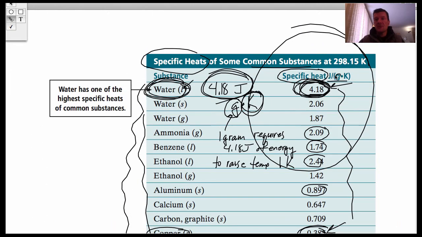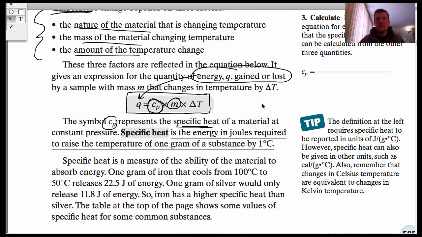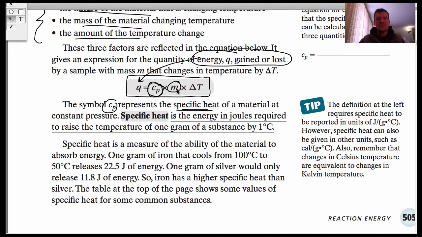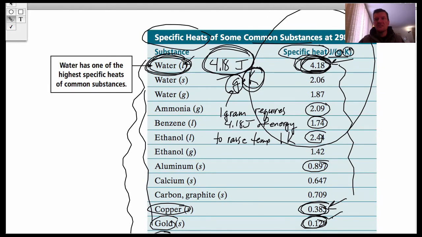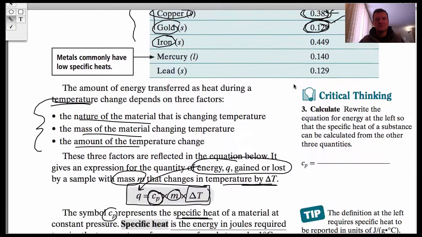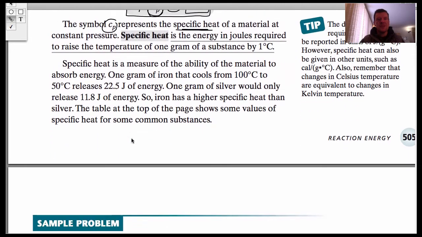It was per gram. So mass is going to influence how much the temperature goes up by, or the amount of heat required to raise the temperature. So this is mass, and then delta T is the change in temperature. Look at the units here, Kelvin.